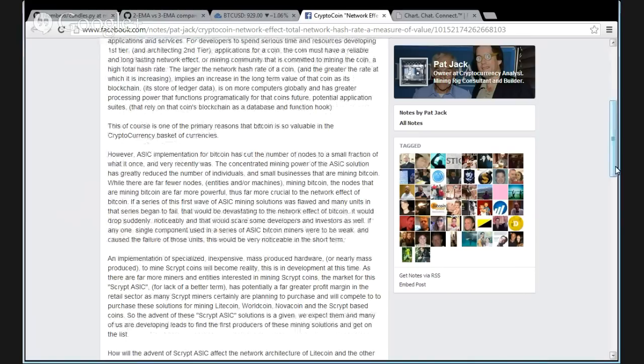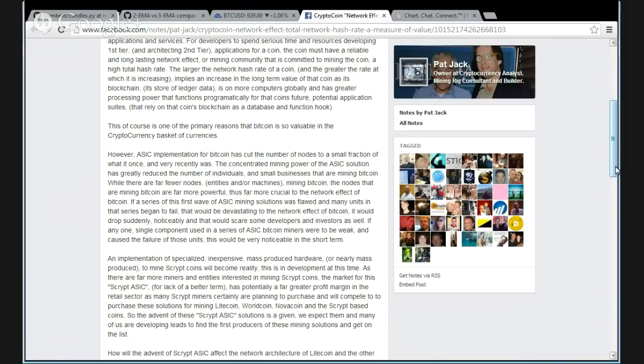ASIC implementation for Bitcoin has cut the number of nodes to a small fraction of what it once and very recently was. The concentrated mining power of the ASIC solution has greatly reduced the number of individuals and small businesses that are mining Bitcoin.